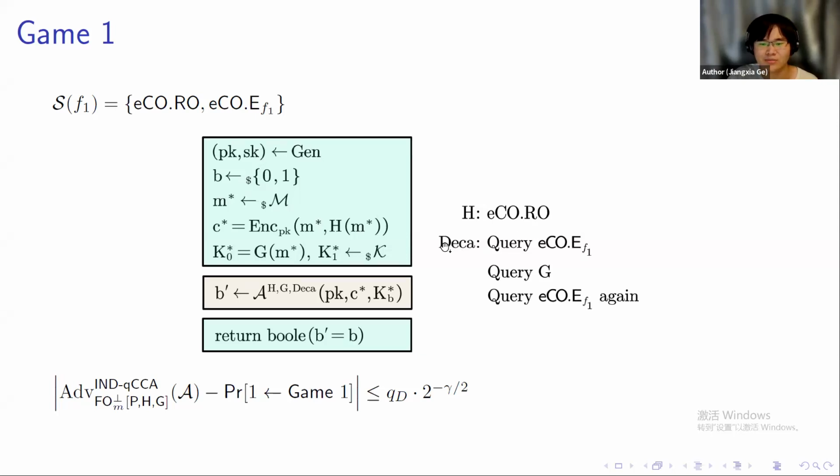And the quantum accessible decapsulation oracle DECAPS is also simulated by using the extraction interface S.E_F1. Here for simplicity, we omit the detailed definition of function F1. And in our work, we prove that if the underlying PKE scheme is gamma-spread, the difference between these two probabilities can be upper bounded by this term.